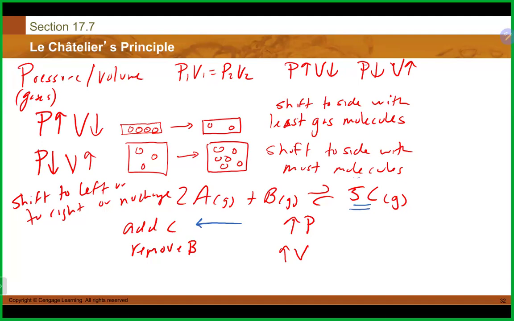And again, the reason for this is you've now supplied a lot more products and reactants, and that's going to cause the reverse reaction in this case basically to occur because they're not going to have any trouble finding each other to basically start reacting. If we remove B, B's over here on our reactant side.